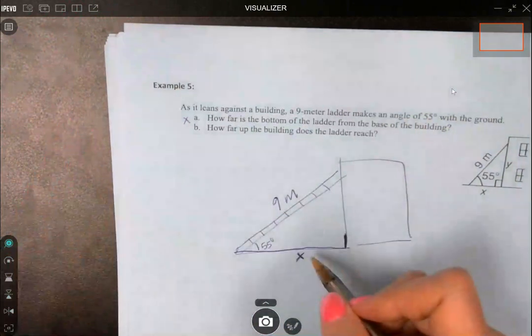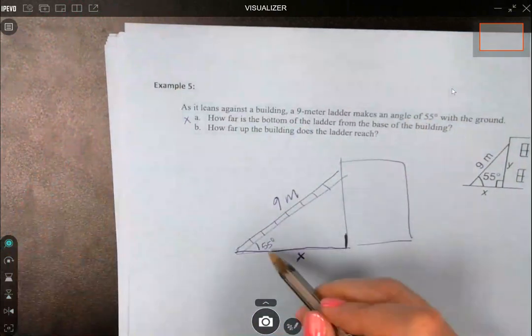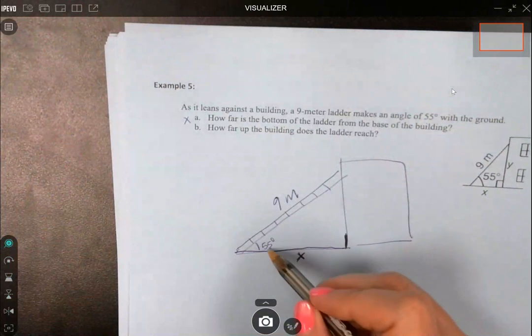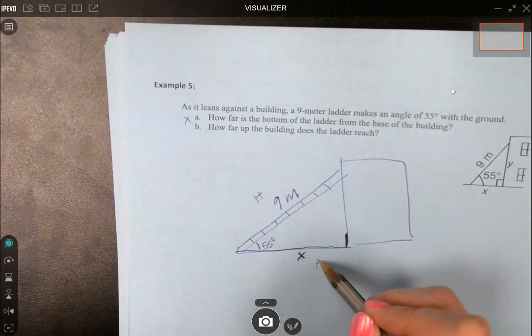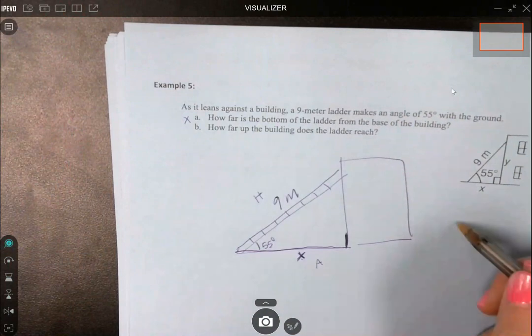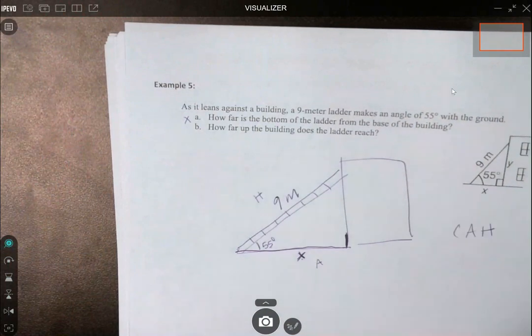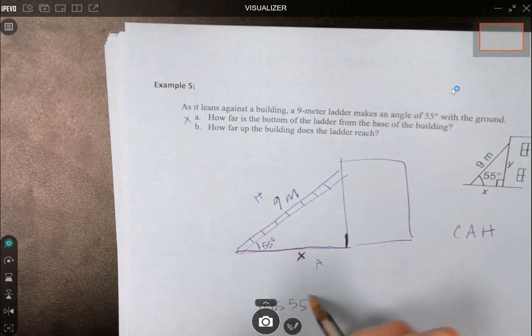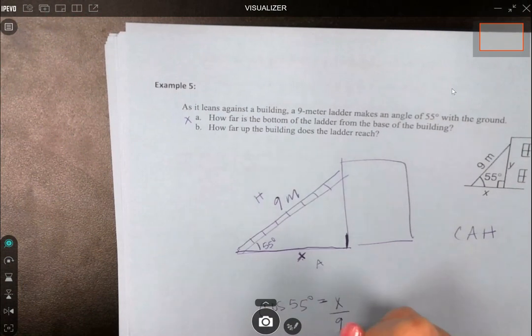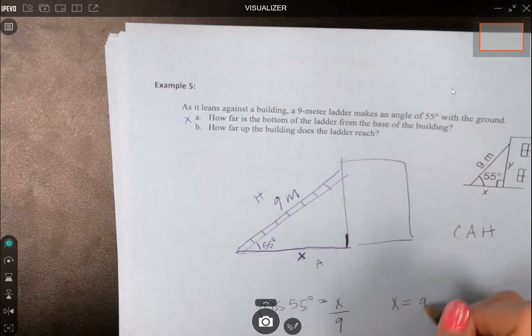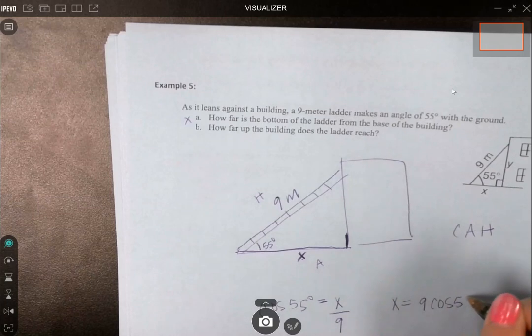So this is the same as the problem we just did. So this 55, this is the hypotenuse, and this is adjacent. So we're using CAH, which is the cosine. So cosine 55 degrees equals adjacent over hypotenuse. So x equals 9 times the cosine of 55.